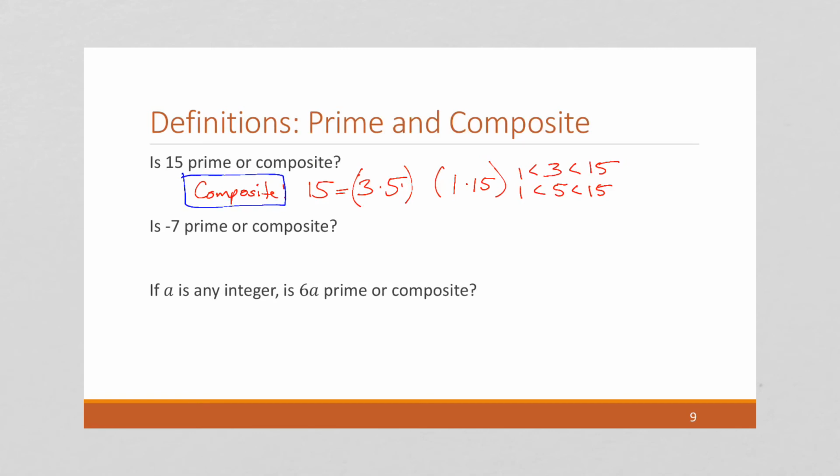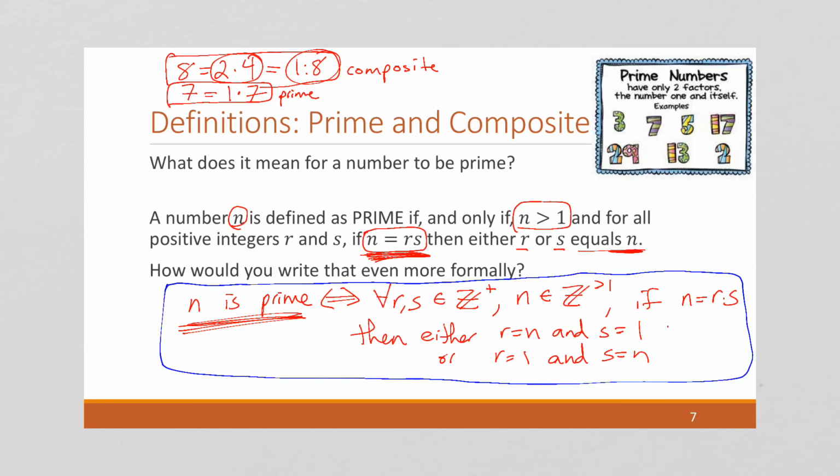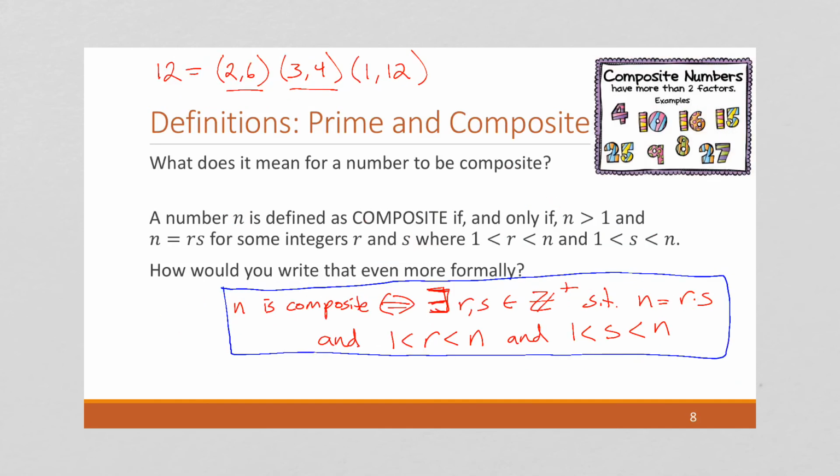using the formal definition. How about -7? Is it prime or composite? Actually, it turns out it's neither. If you recall, looking back to our definition of prime, a prime number has to be greater than 1. It's a requirement. It's part of the definition. Similarly, a composite number has to be greater than 1.